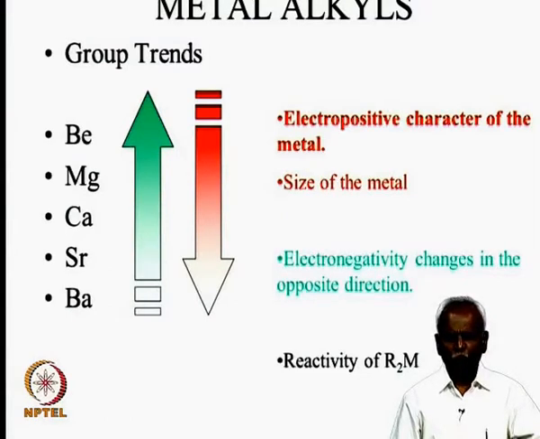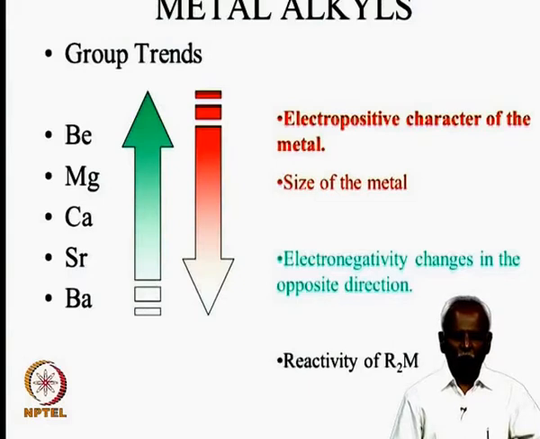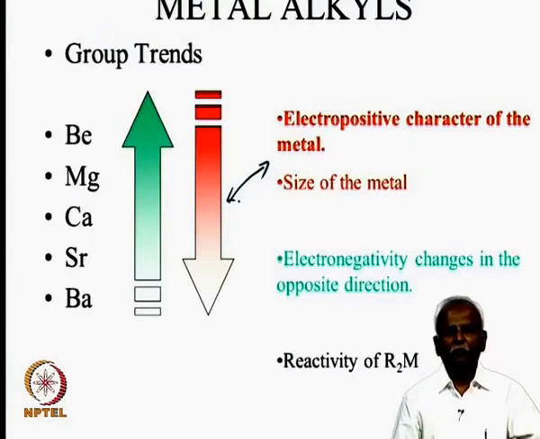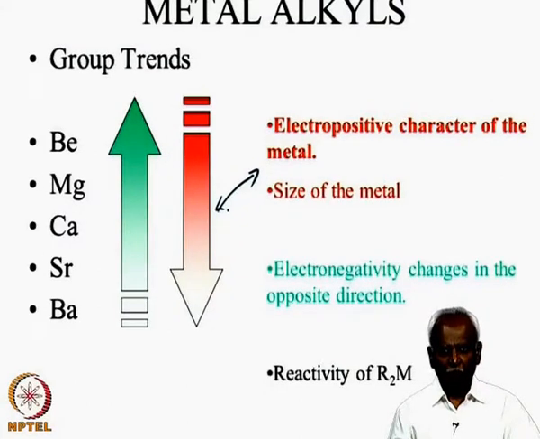And you also know that the electropositive character of the metal increases as you go down the group. So, the red arrow is connected to what we have shown here, the electropositive nature of the metal, and that seems to increase as you go down the group, and the electronegativity of course changes in the opposite direction. So, beryllium is the most electronegative species in this group of elements that I have pictured for you on the right side.